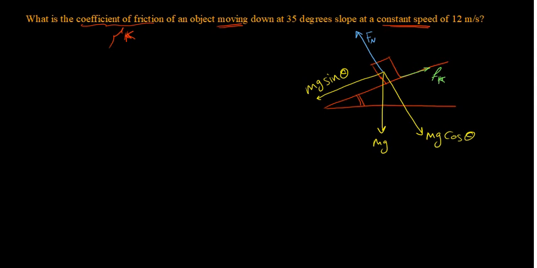Okay, now the keywords we managed to figure out: because it's moving, that means we're asking for the kinetic friction coefficient. And now they're giving us some other information, the angle and the speed, to find that. Now simply we're going to follow Newton's law, total forces equal ma.